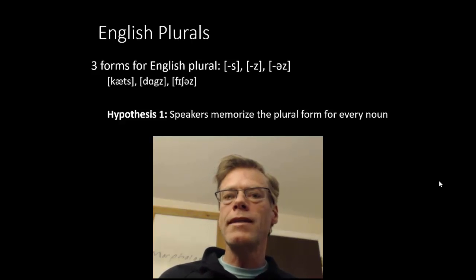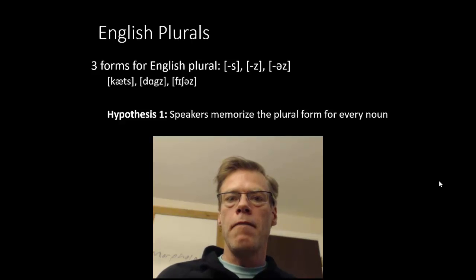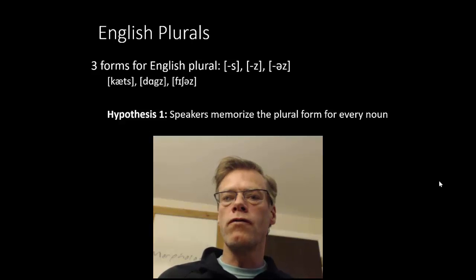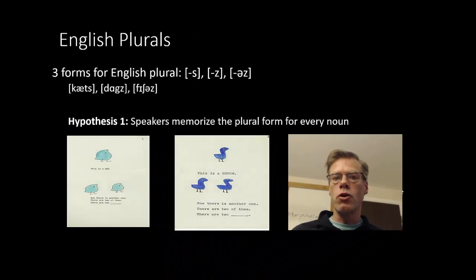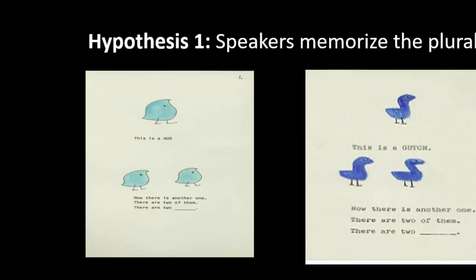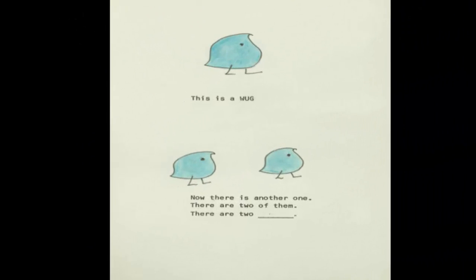We can demonstrate that it doesn't work by looking at novel words. Nouns are very prolific in English. We create new nouns regularly. So all we've got to do is create a new noun, and this has been done with children. This is often referred to as the WUG test.